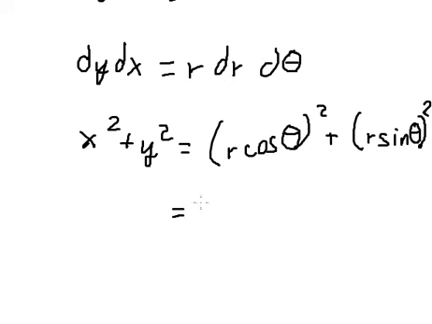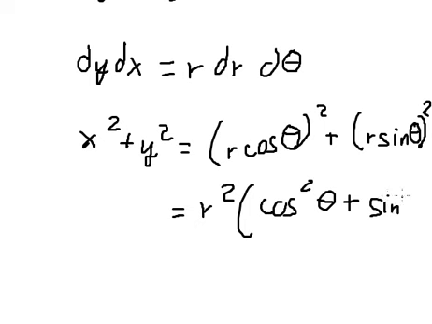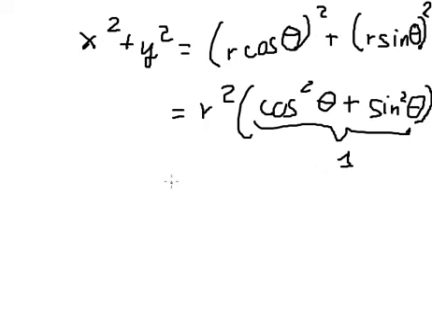So if we simplify and we have it like this, we can do factorization by r squared. This one equals number 1, and we can get r squared.